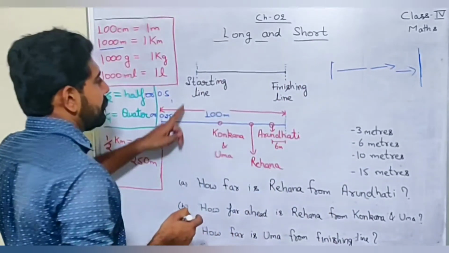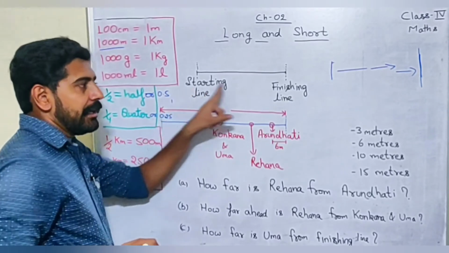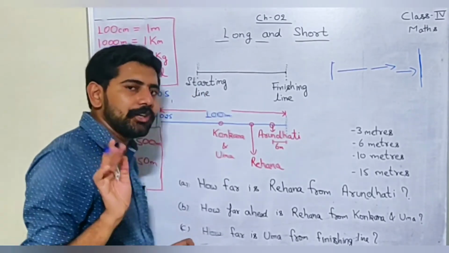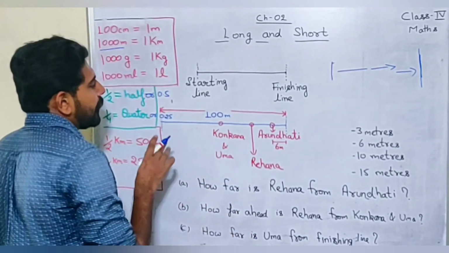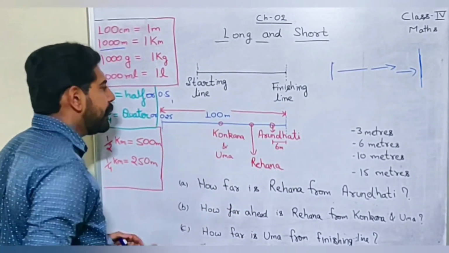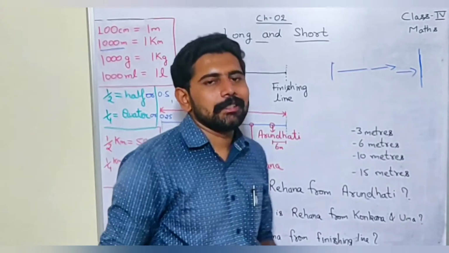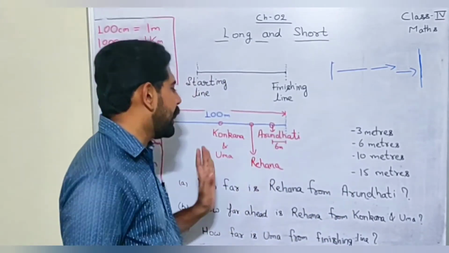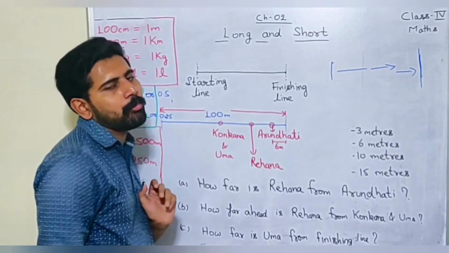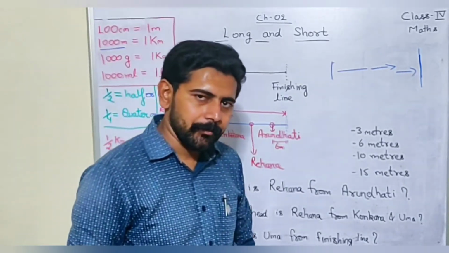Look here, starting line and finishing line. There are two lines in a race. Similarly, there was a 100-meter race for some girls. The names of the girls were Arundhati, Rehana, Konkanna and Uma. 4 girls were participating.